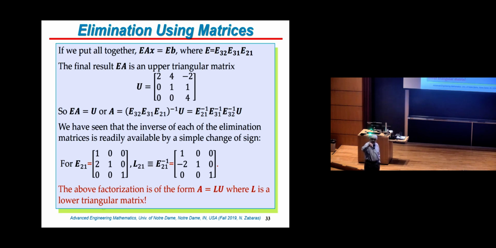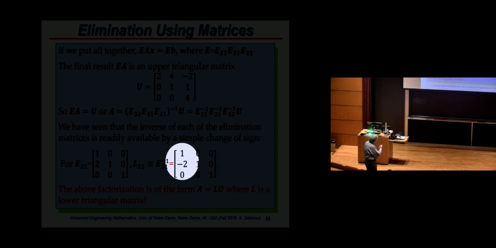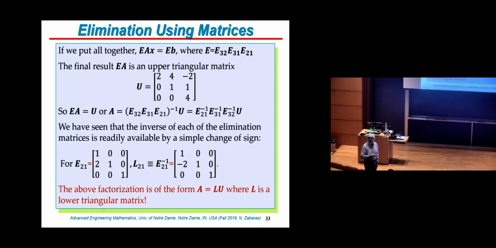Where we do the elimination, we put exactly the number of the multiplier. And the multiplier was -2. So this is the multiplier. So effectively, the inverse of each of these matrices looks like a unit diagonal matrix, and in that location where we do the elimination, we put the multiplier, -2.